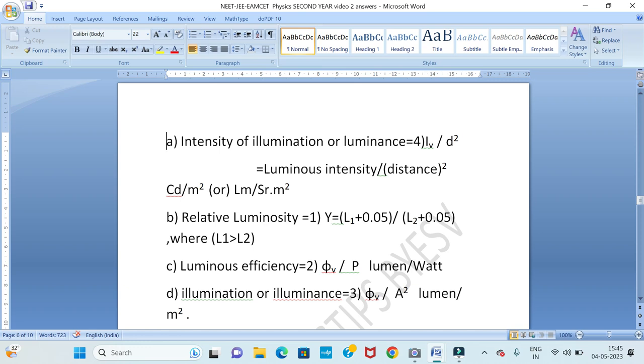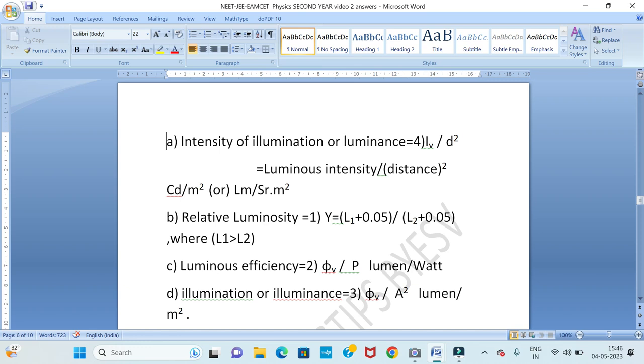Intensity of illumination or luminance is IV by D square. IV means luminous intensity. In the earlier question, we learned by distance square. So intensity of illumination is called illuminance.